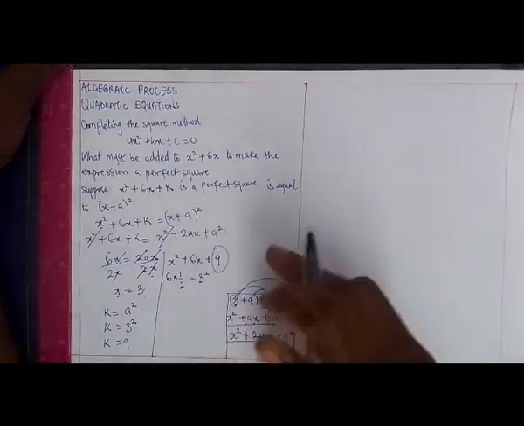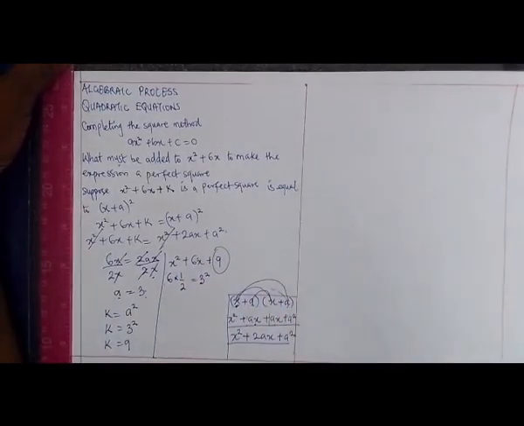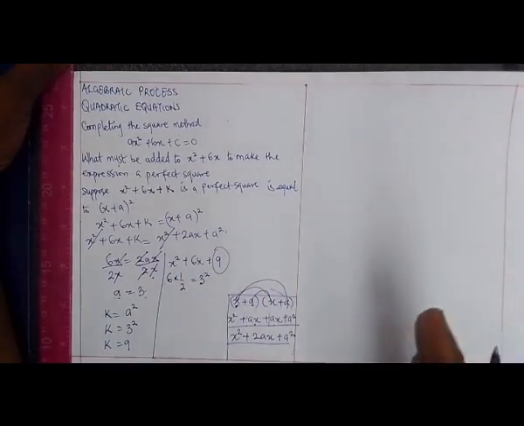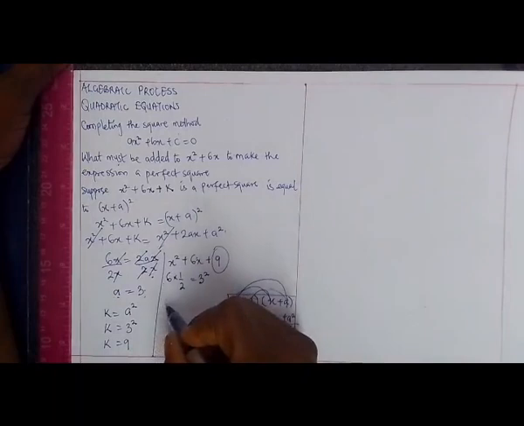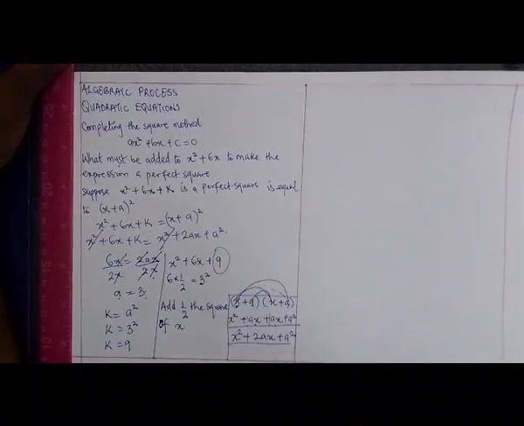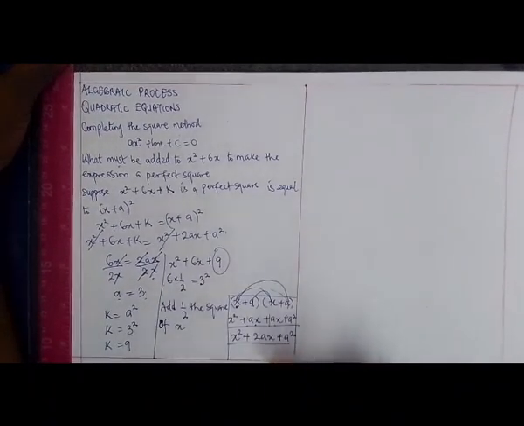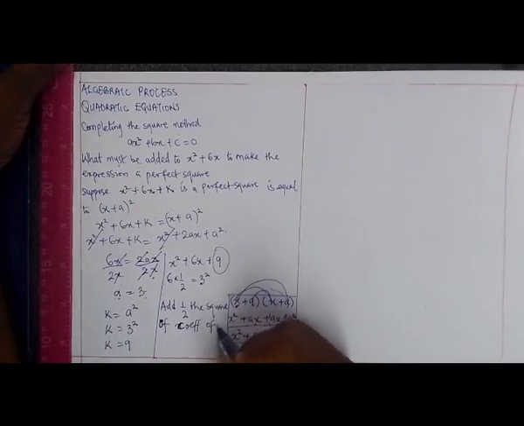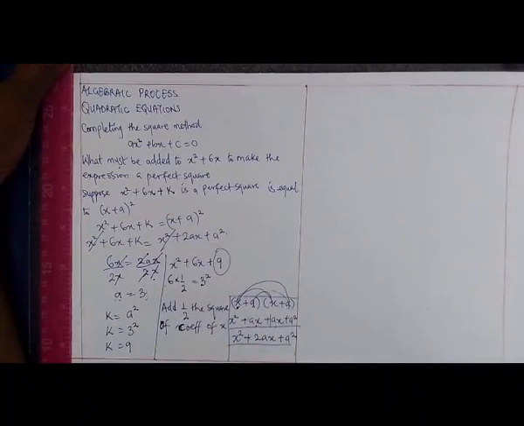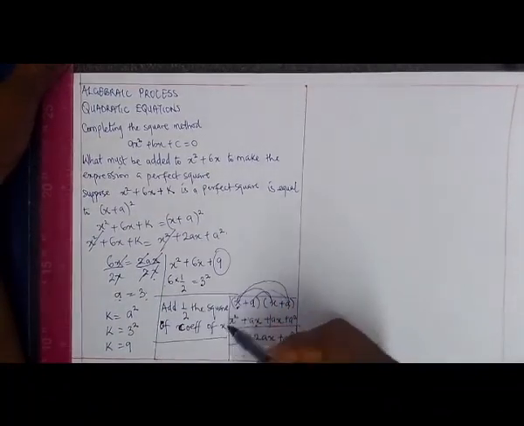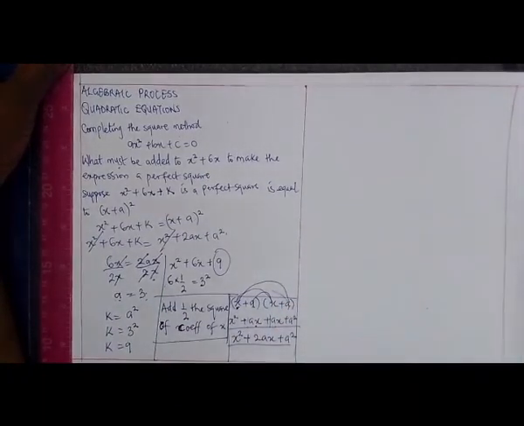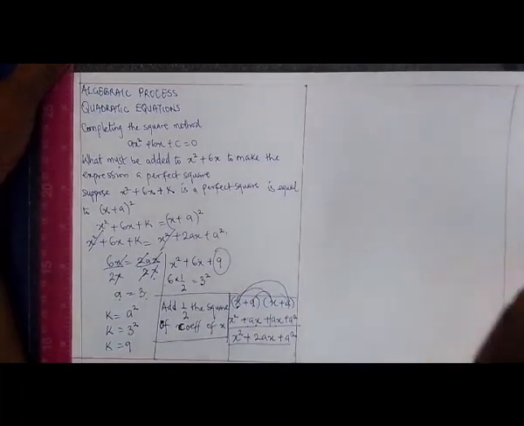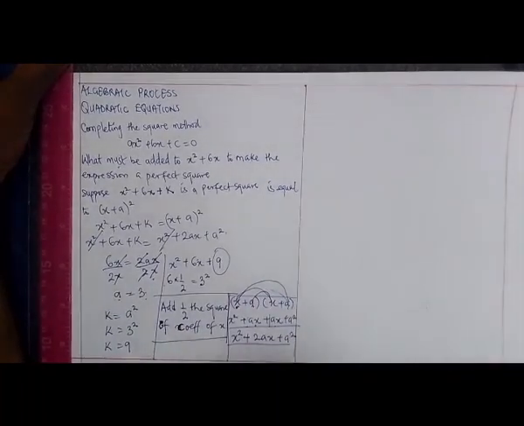So it means that to make an expression or an equation a perfect square, you add the square of half the coefficient of x.